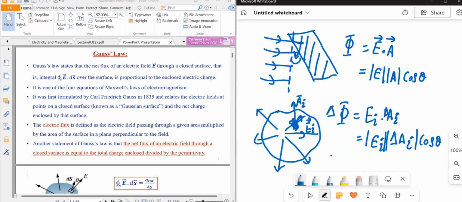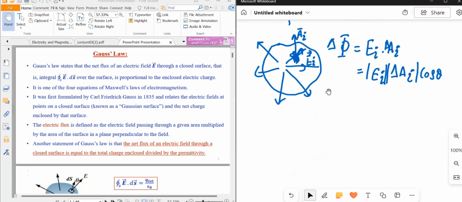Then in order to calculate the total flux, the net flux of an electric field through a closed surface, what do we need to do? We can take the surface integral of each of these fluxes through all the surface.